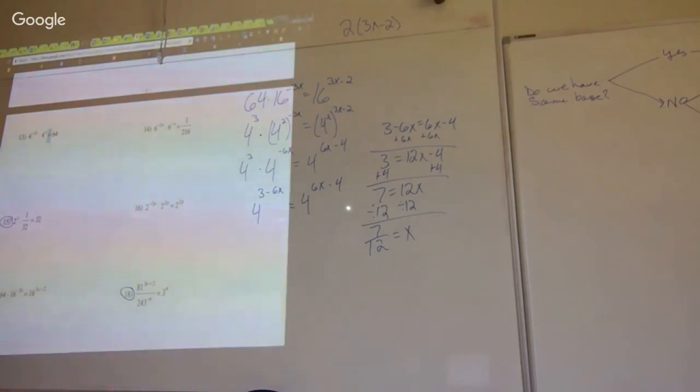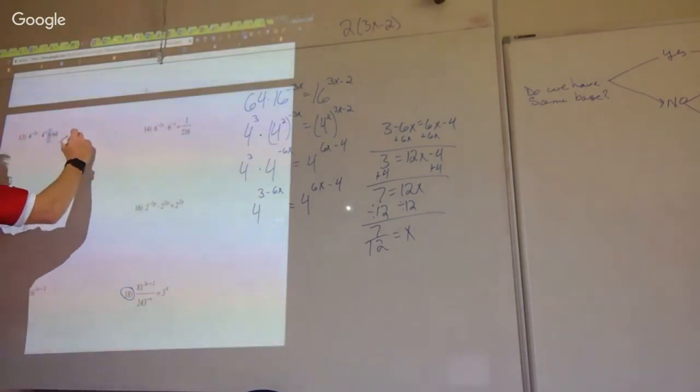So 3, 12n plus 8 minus negative 5n. What happens when you subtract the negative? You add. 12n plus 5n gives you what? 17n.